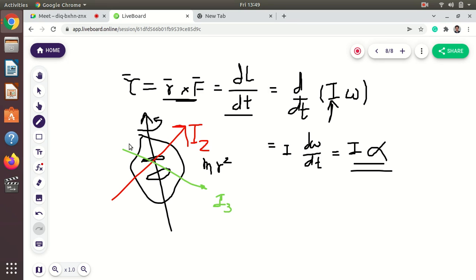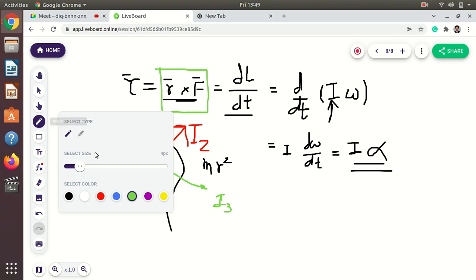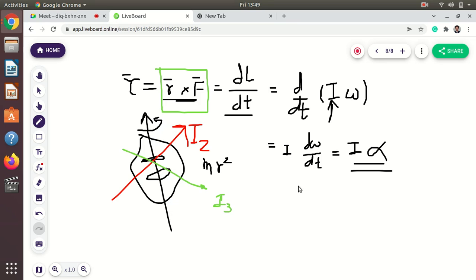For this axis, the body can rotate through any angle, and I3 is not going to change along this axis. So this I is taken outside of the derivative, and d omega by dt is the angular acceleration. Or from this definition, as we already discussed in the third chapter, what is r cross F? What will be the magnitude of torque?